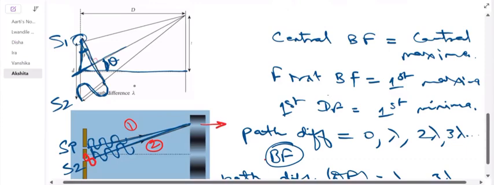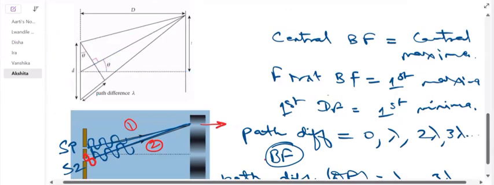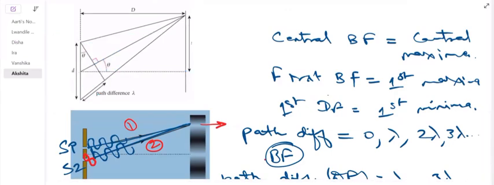So this line and this line, if I consider, then it will be giving you... Okay. So basically, if you see it clearly, suppose this angle is theta, this angle is theta, this angle is 90. Then this angle will also be 90, and this angle will be 90 minus theta.